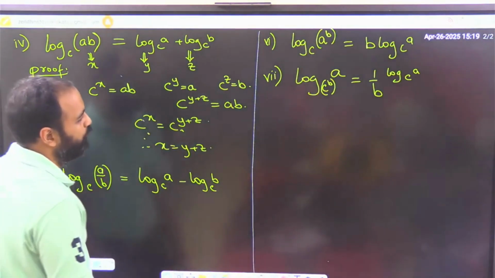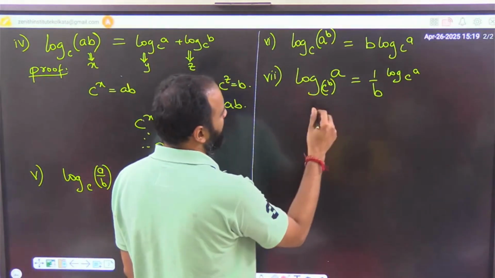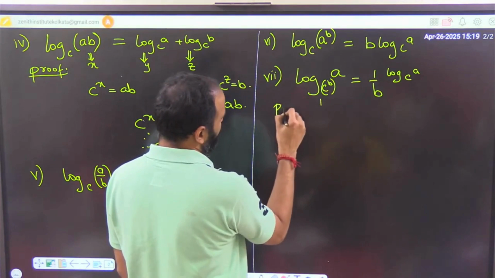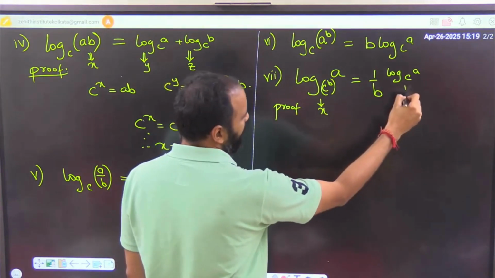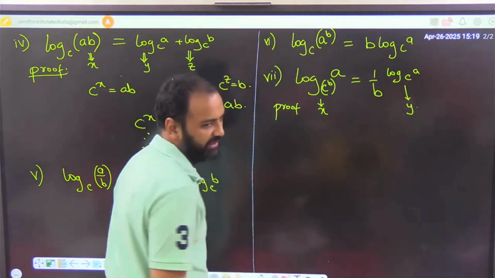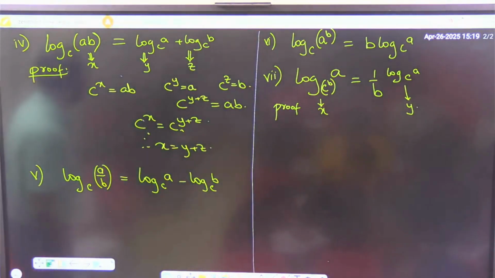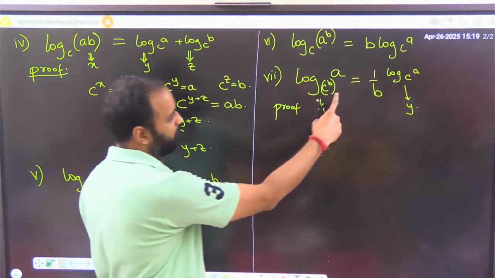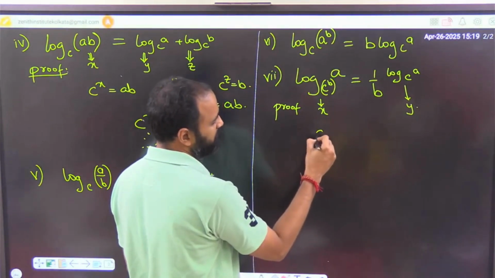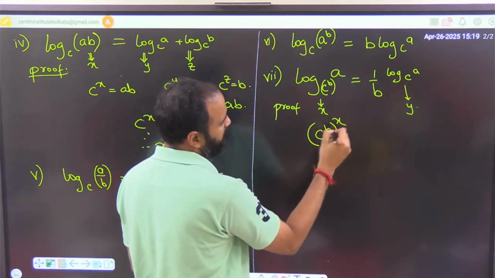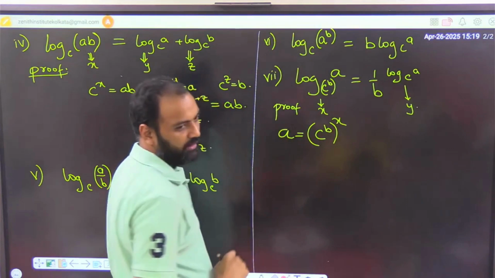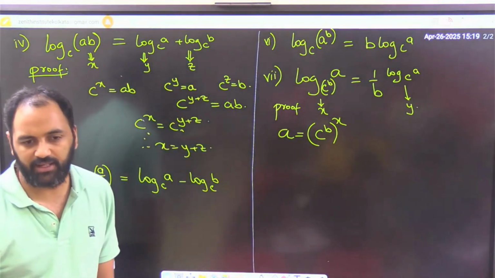Okay, let's do the proof for this. Again, same method in the proof. Let's assume that this entity is x and this entity is y. So what is the exponential form of the first part? a is equal to c to the power b, raised to the power x.